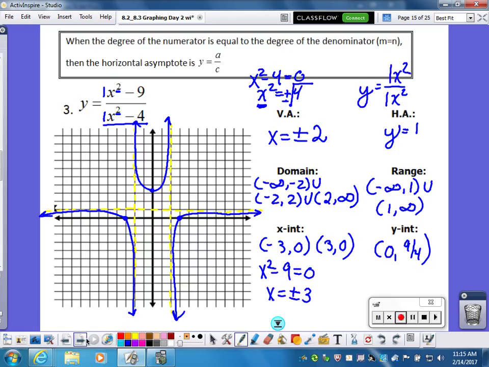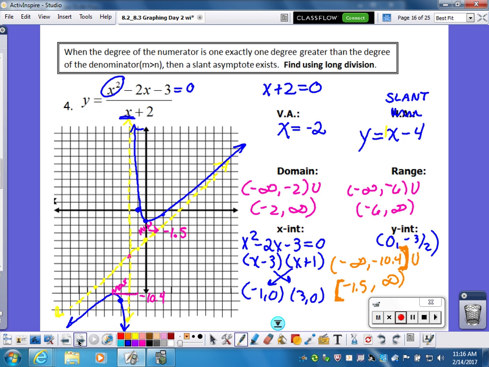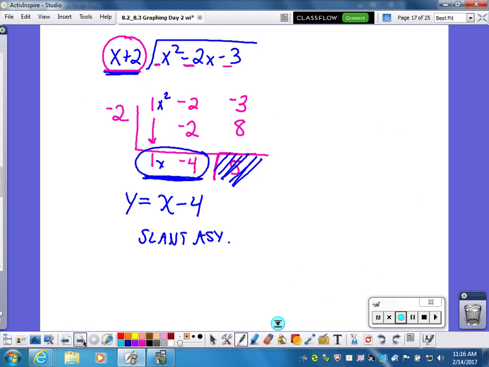Problem number 3 was special because we had 2 vertical asymptotes. So we went from no asymptotes to 2. We just wanted to show you that you can have a graph that has 3 parts to it. And then the 4th situation we showed today, probably the toughest, was what happens when the degree is bigger on top. It tilts your graph, so you have a slant asymptote. And remember, to get that slant asymptote, we had to do synthetic division.